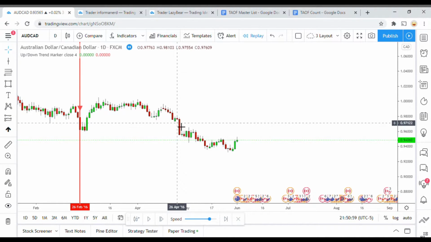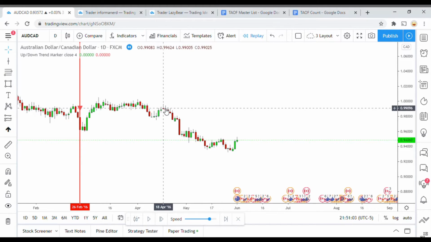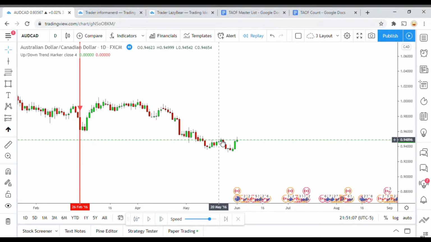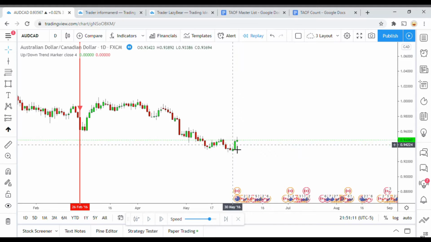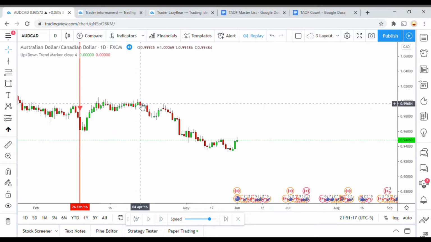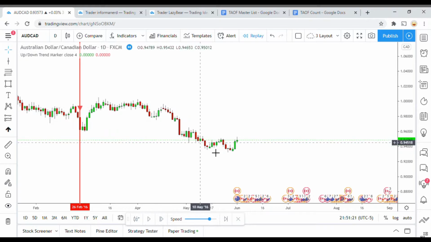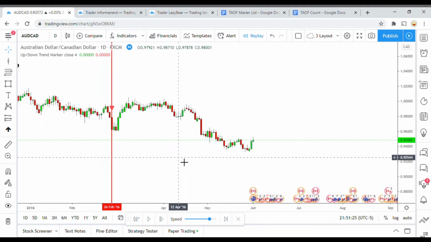It's not really a super clean one, but we'll say one push down, a pullback, two push down, a pullback, three push down, a pullback, and then one more push to the downside here and a super strong engulfing candle. So the condition would say I need at least 3 cycles in this whole move from top to bottom, and we have that.